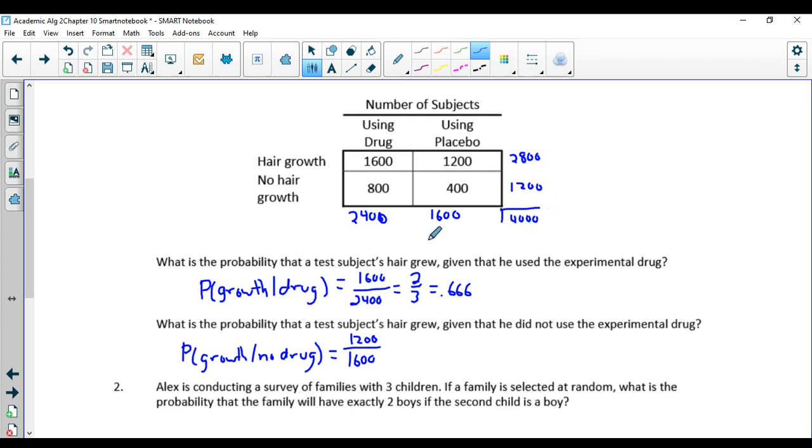Our total is not actually 4,000. In the first one we knew they were using the drug, so our total is 2,400. In the second one, we know they're just using the placebo, so it's out of 1,600. This reduces to 3/4 or 0.75. So 75% of the people who did not receive the drug, or received the placebo, saw growth. Something might be wrong with that drug because we're seeing more growth from no drug than the drug.